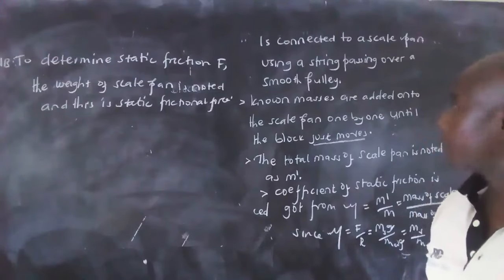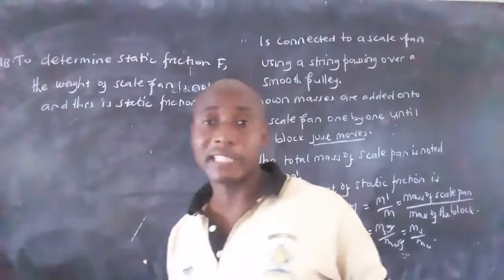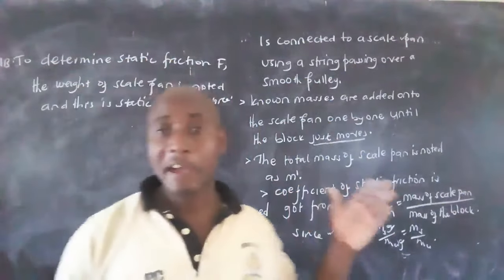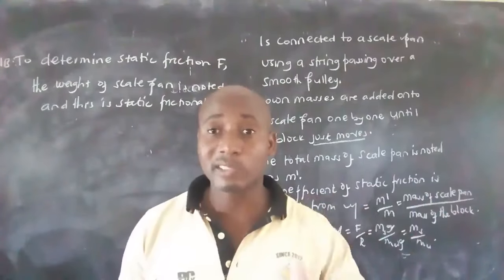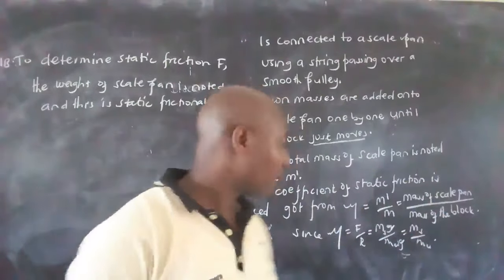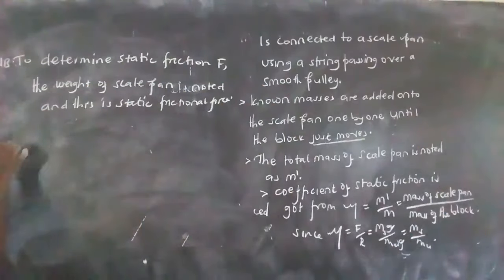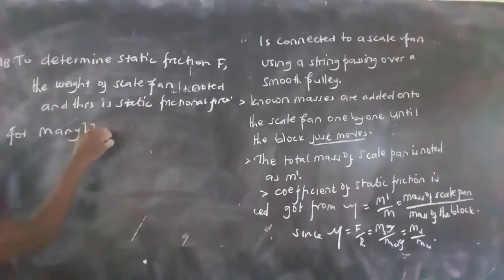But for the case of the coefficient, we can repeat the experiment using other blocks. This is when you have one block. If you have very many blocks, it means that you are going to plot a graph. You understand? So you plot a graph for many blocks.